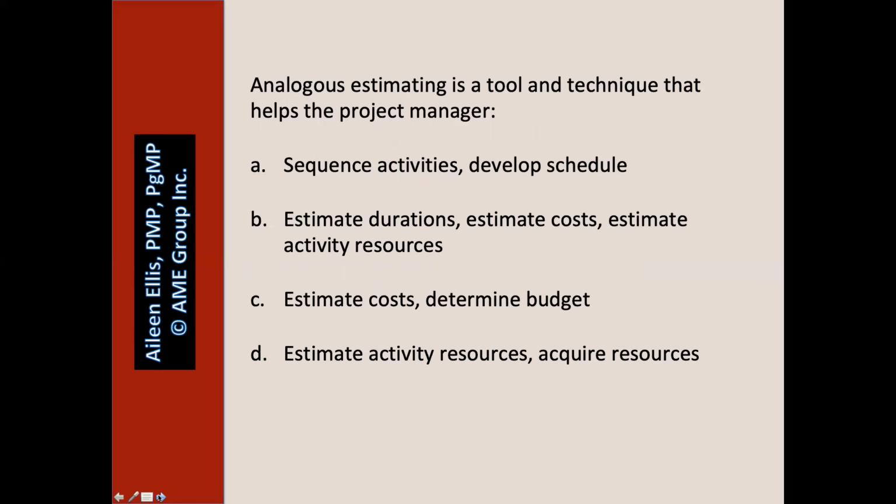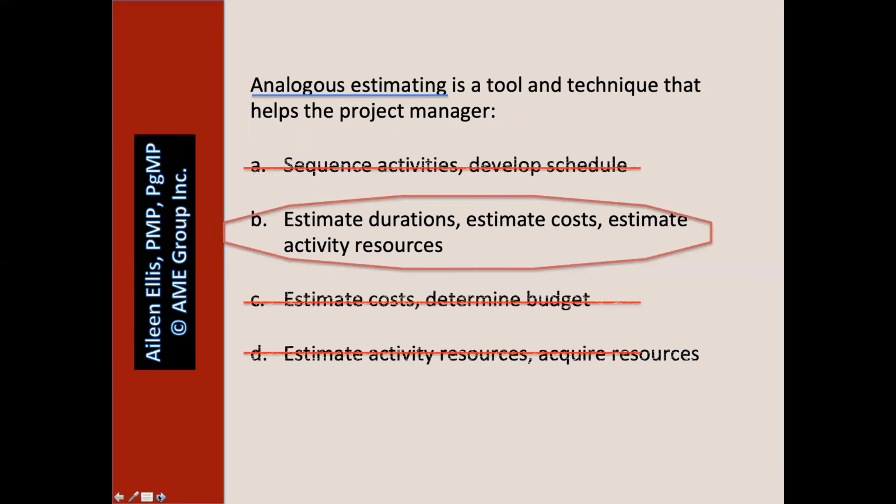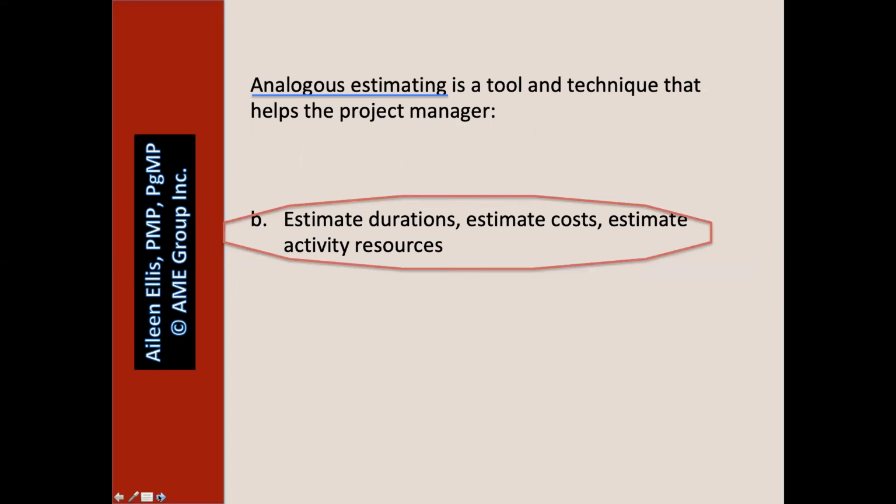Analogous estimating is a tool and technique that helps the project manager. Pause the video and select the correct answer. Analogous estimating is a tool and technique of estimate durations, estimate costs, and estimate activity resources.